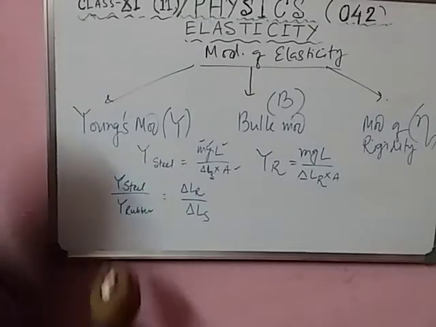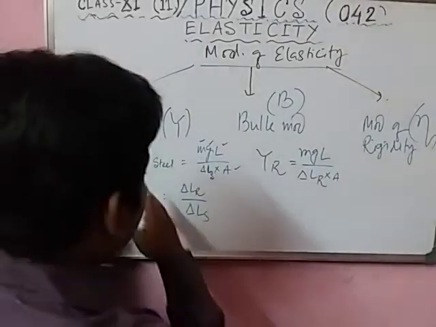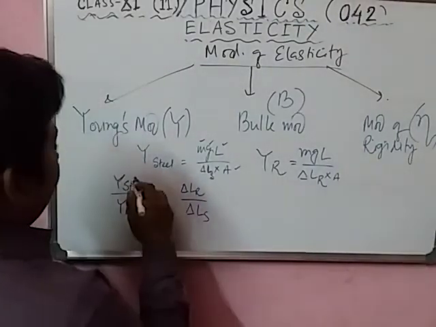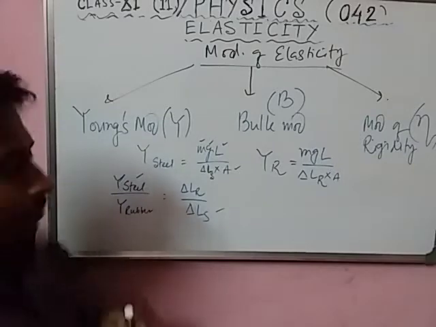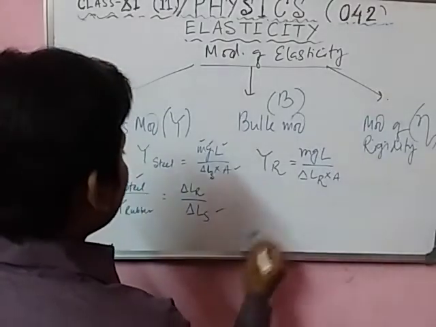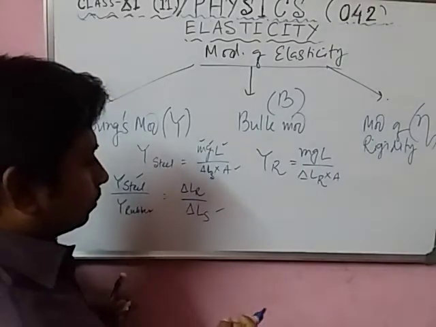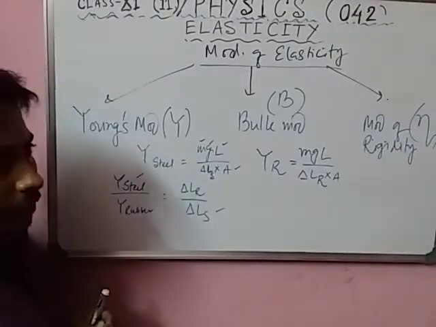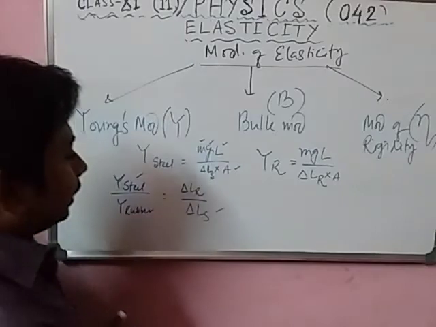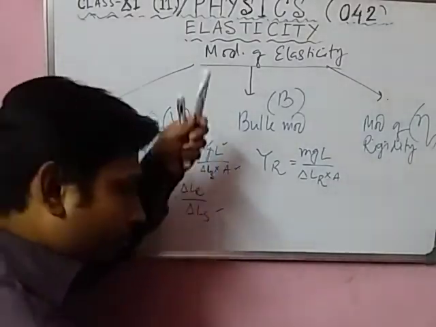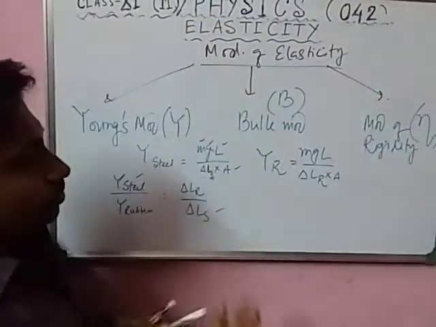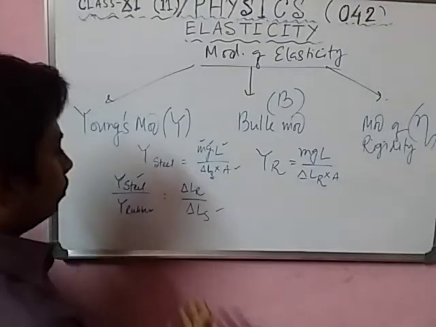So student, Young's modulus and delta LS are inversely proportional, isn't it? So you know which one is more elongated for the same amount of mass. If you are given the same weight, the stretching of rubber will be more than the steel.